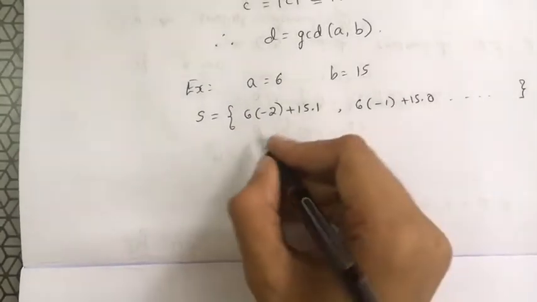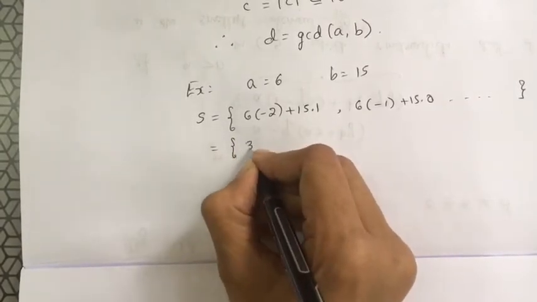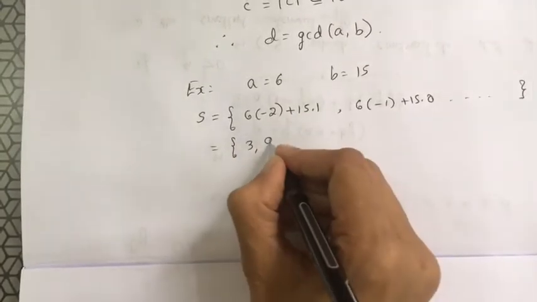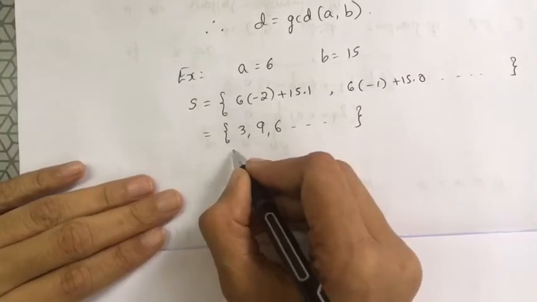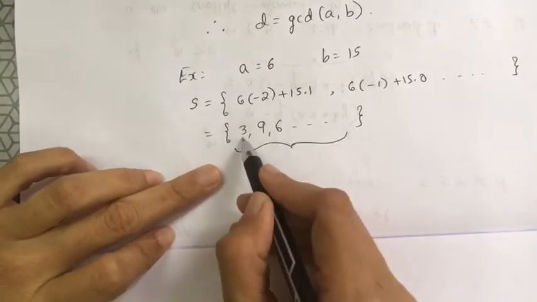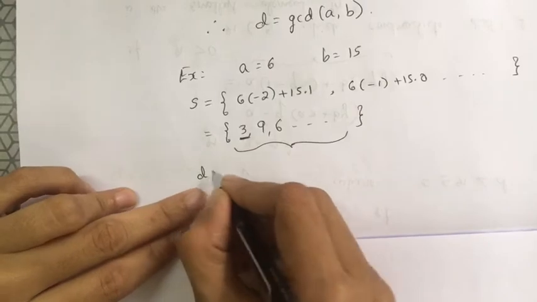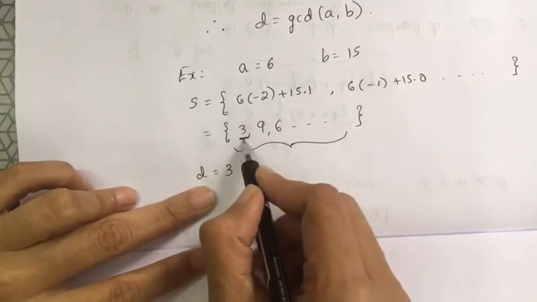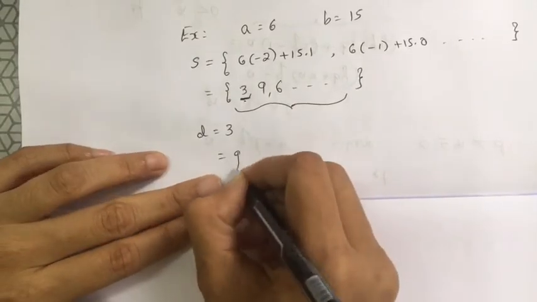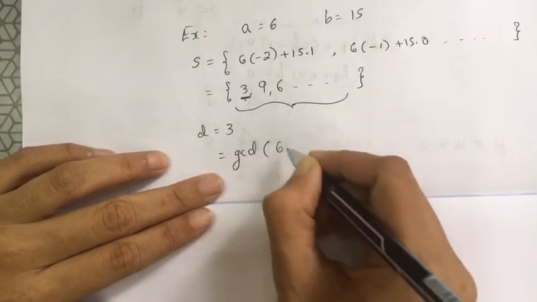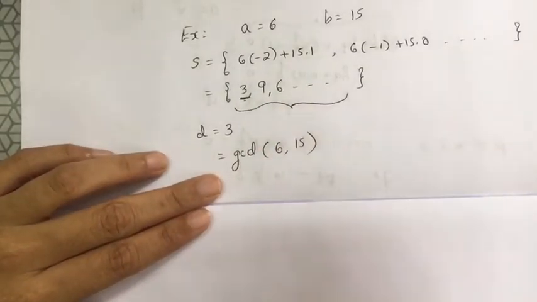So this is nothing but 3, 9, 6, like that you'll get. Now among all this, 3 is the smallest element in my set. D equal to 3. You can observe that this is nothing but the greatest common divisor of A and B, that is 6 and 15.